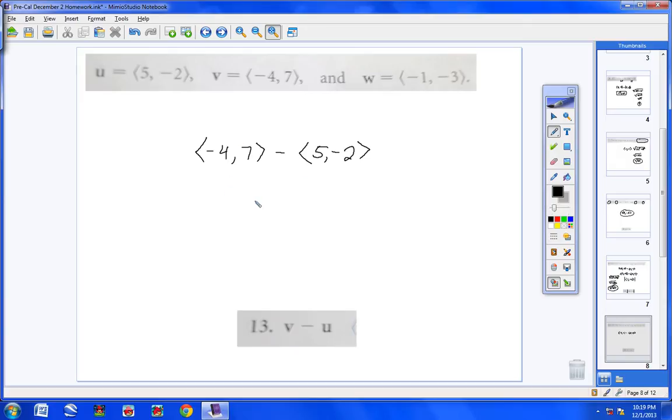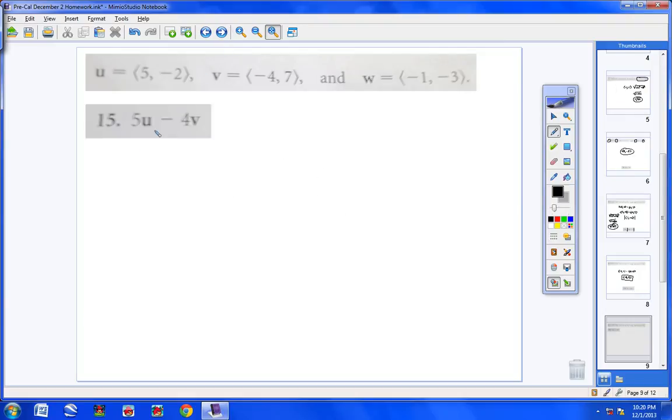Negative 4 minus 5, that would be a negative 9, and then 7 minus a negative 2 would be a positive 9. And if you're struggling at all with your sign numbers, please feel free to use a calculator. All right, so we should get for number 13 negative 9, 9 for that component form of subtracting these two vectors.